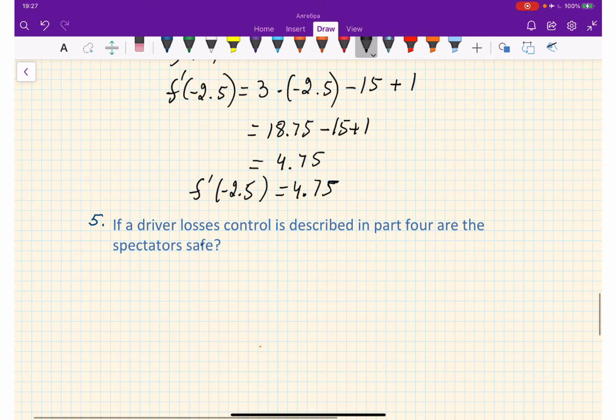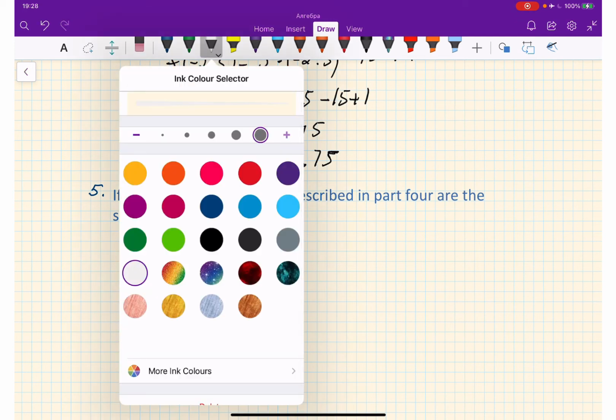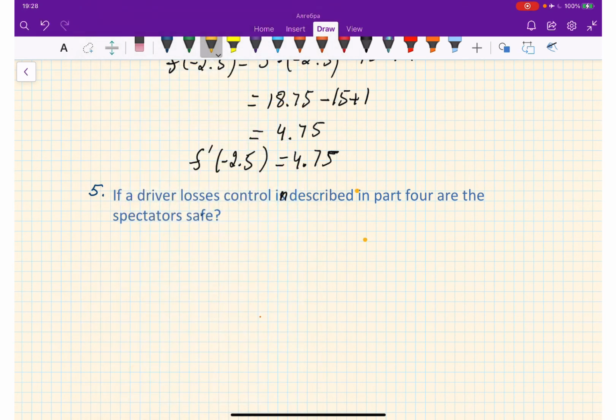So question number 5: if a driver loses control in the described part 4, are spectators safe? Let me change this. Scratch, okay.